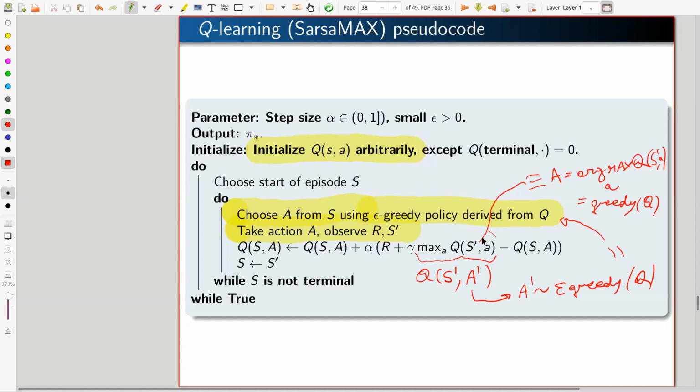But at one point, we are using another policy, a greedy policy, another family of policies, if you like to say so. The family of greedy policies from the table Q.